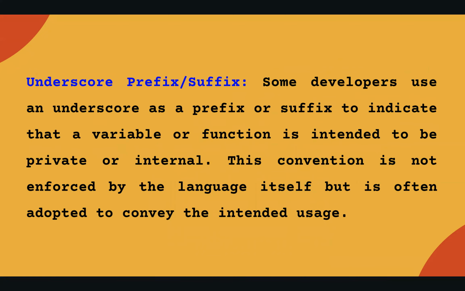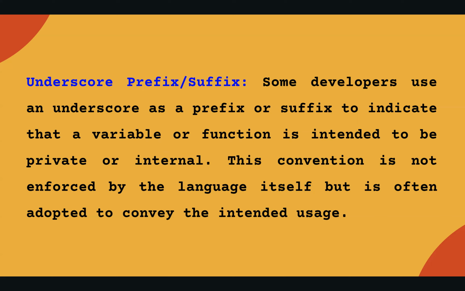And underscore, as a prefix or suffix. Some developers use an underscore as a prefix or suffix to indicate that a variable or function is intended to be private or internal. This convention is not enforced by the language itself, but is often adopted to convey the intended usage. If you want to declare something as private, at that time you will use these underscores. But this is not a rule provided by JavaScript. But if you want to show some differences between your methods, classes, private things, and public things, at that time we will use these.